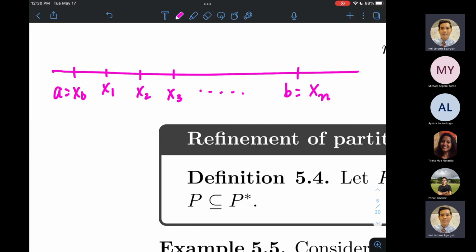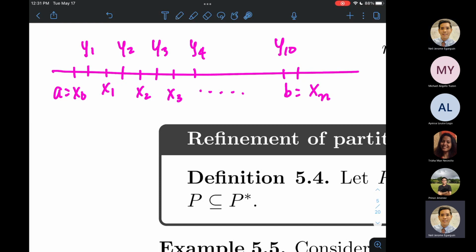So, ito set P, tas nagdagdag ka rito ng, say, y1, nagdagdag ka rito ng y2, y3, y4, and so on, hanggang makadagdag ka ng y10, alright? So pag nagdagdag ka ng kahit isa pang element dun sa partition inducer in the right position, ha? So dapat kasi ordered, kasi dapat partition inducer pa rin si P star. So dapat in increasing order pa rin yung elements ni P star starting from A hanggang kay B. So etong bagong partition inducer natin, consisting of the X's and the Y's, sila yung tinatawag natin na isang refinement.